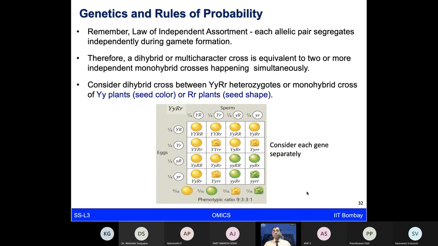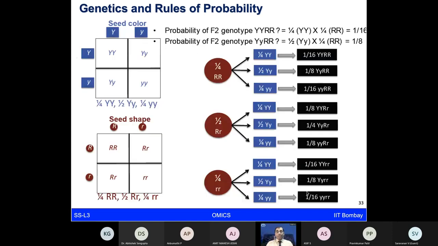So in this case, to simplify these kinds of problems, one could consider: rather than thinking about a dihybrid cross, can we think about two monohybrid crosses separately? As you recall, we were talking about seed color and seed shape. So if you just dissect out and think about one cross which is only looking at seed color, yellow versus green, and for that, these are the gametes for which I'm going to do the Punnett square cross.